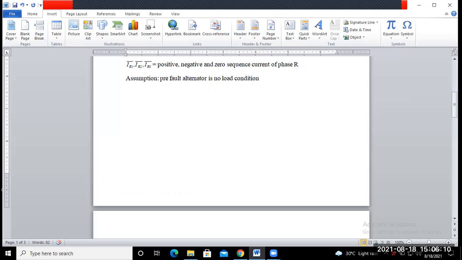That means VR, VY and VB are the phase voltages that appear at the no load condition in phases R, Y and B. And what is the phase current of Y and B?